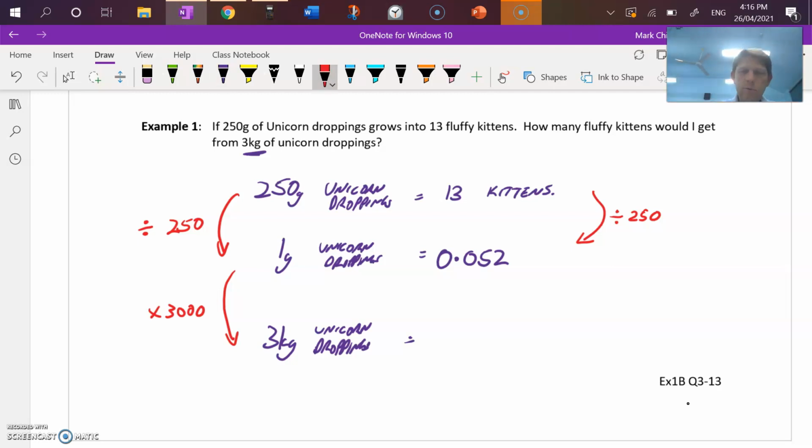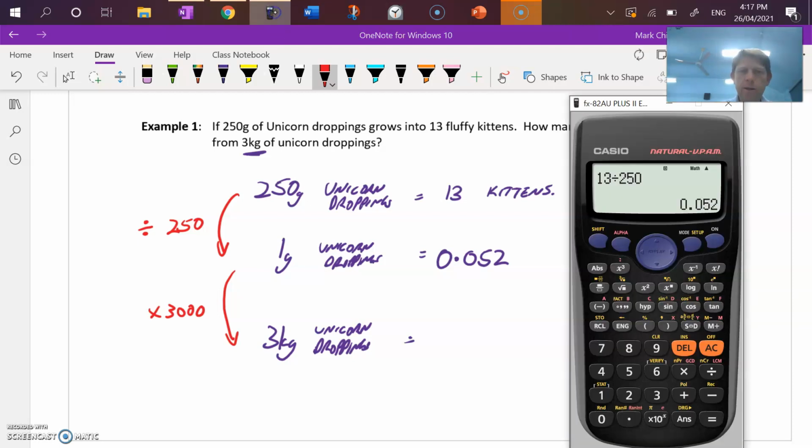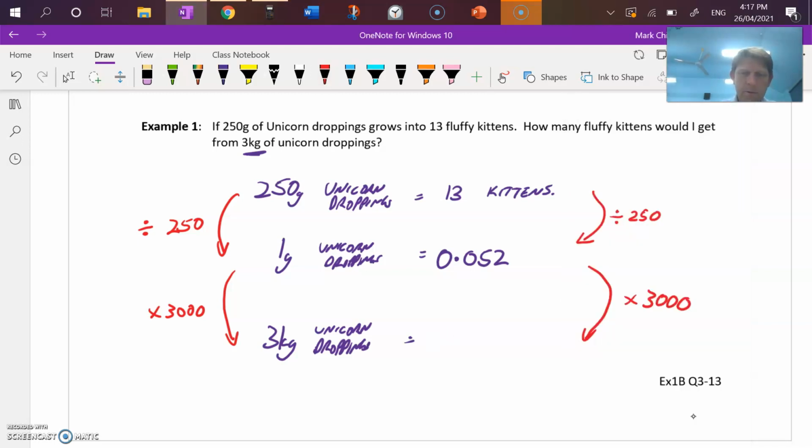Of course, if I do that to one side, I have to do that to the other. So I'm going to take that 0.052 and multiply it by 3,000 as well. On my calculator, multiplied by 3,000, I get 156.